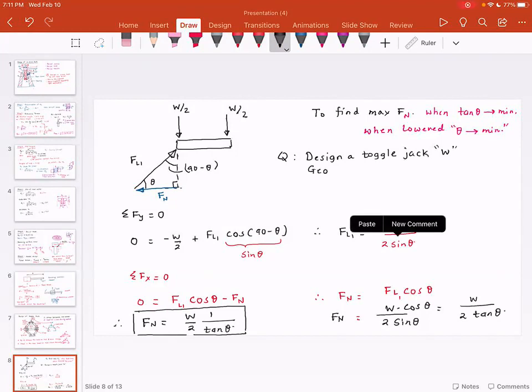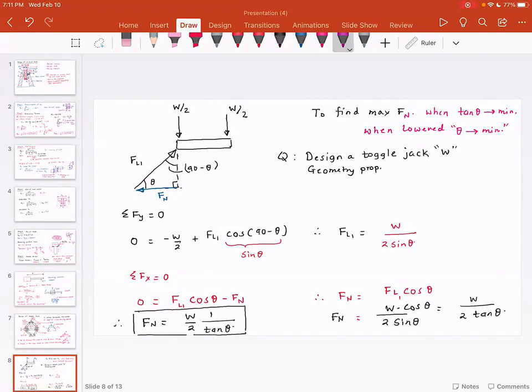They will say the toggle jack needs to raise the load by a certain amount, but the geometry of the toggle jack should be in between, say, 150 millimeters to 200 millimeters, and so on and so forth.